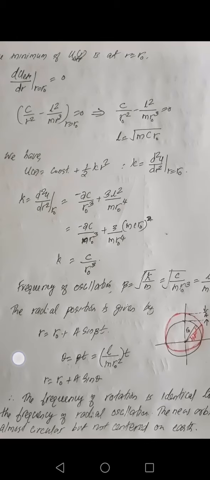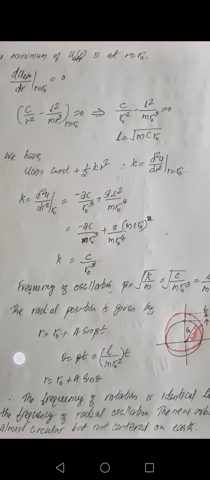But you can ask me one question, why you cannot use cos beta t? So I can use cos beta t, but then at initial time t is equal to 0, cos 0 is 1, therefore r will not be equal to r0. So that will be r is equal to r0 plus some constant.